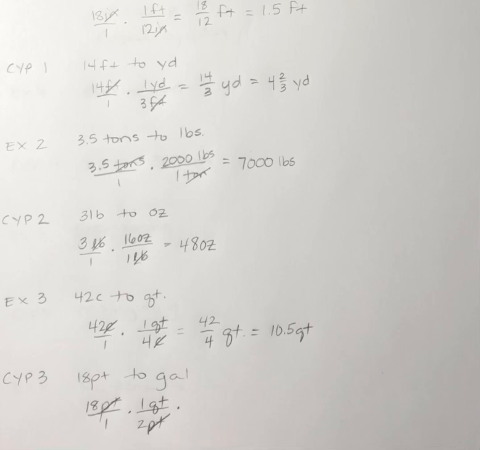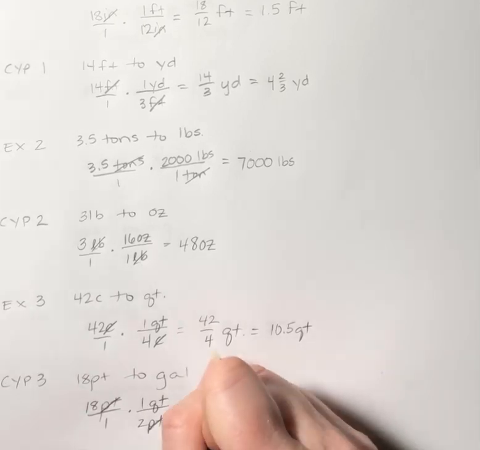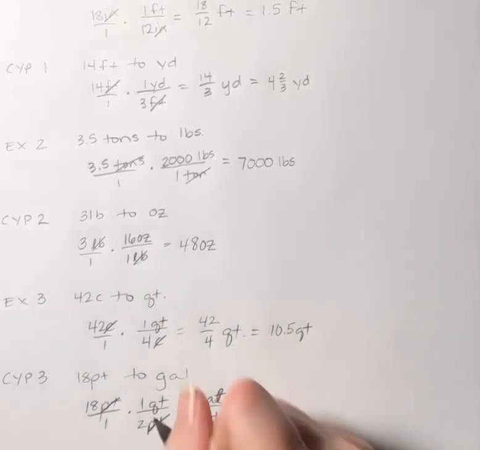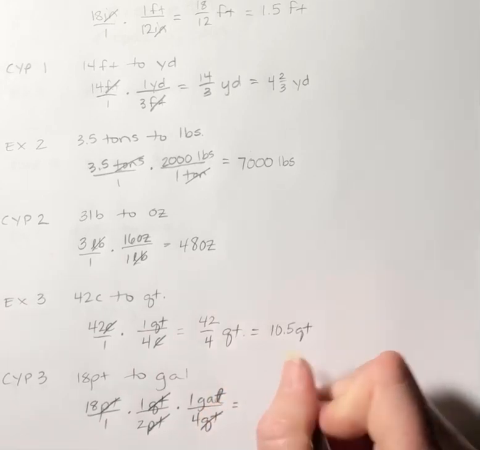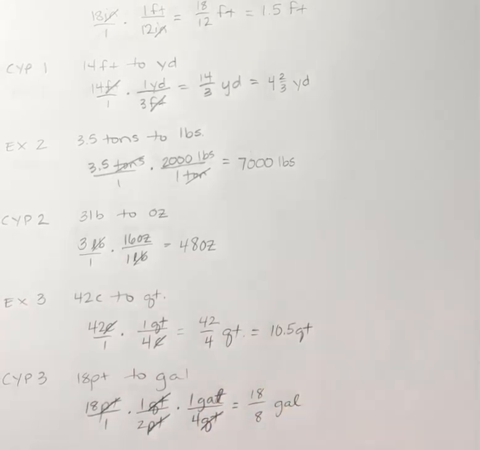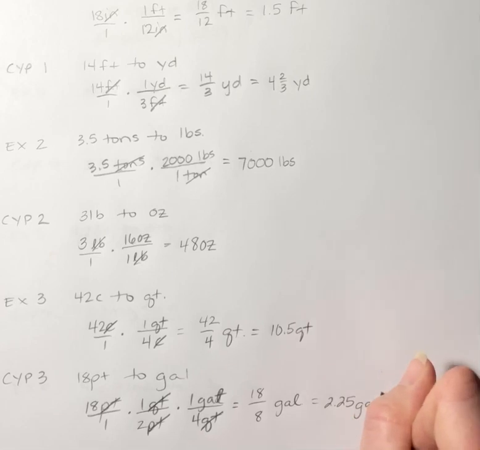Then I can convert quarts to gallons. So there are 4 quarts in 1 gallon. So my quarts can cancel. If I multiply across the top and across the bottom, I get 18 over 8 gallons. And 18 over 8 is exactly 2.25 gallons.